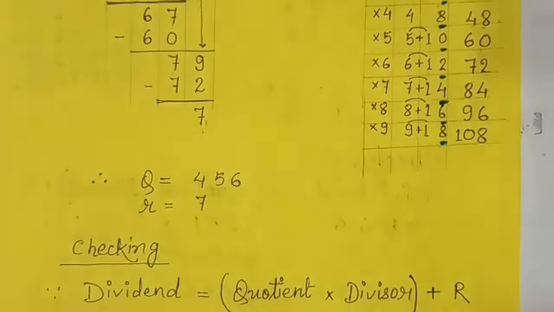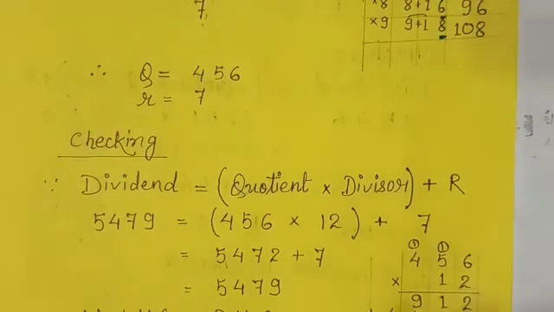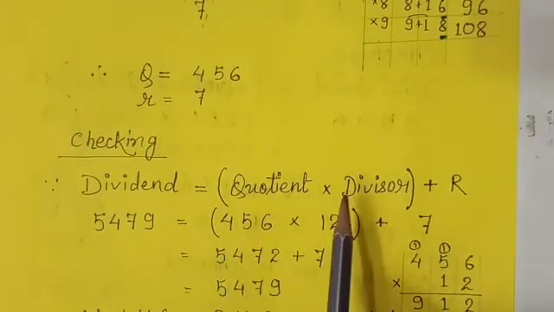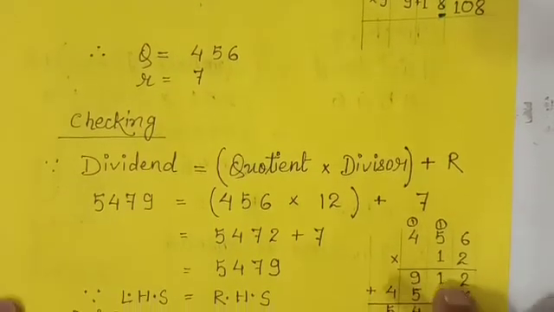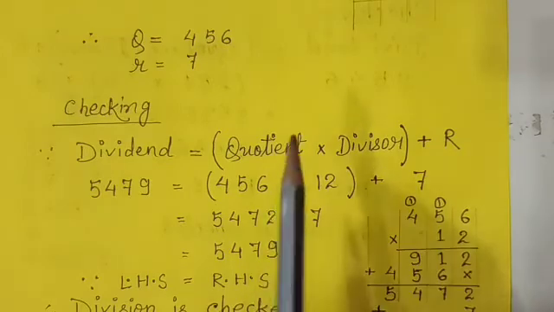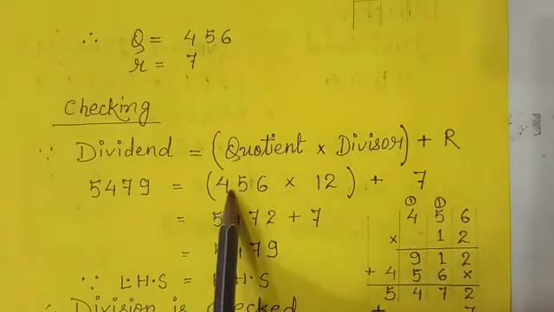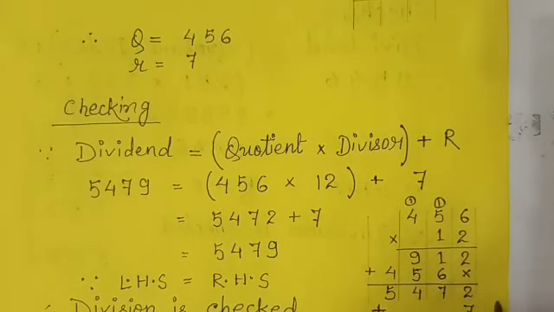Now you have to check the division. To check the division, we have to apply the formula. Dividend is equal to quotient into divisor plus R. What is the quotient? Quotient we are getting 456 and divisor is 12. When we multiply these two numbers, the product we are getting here is 5472.